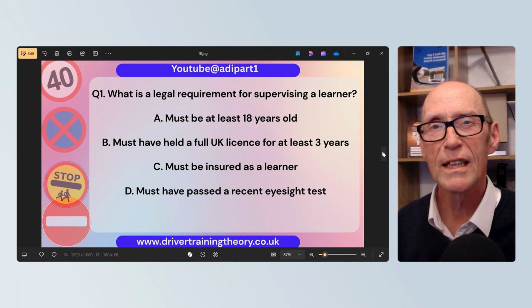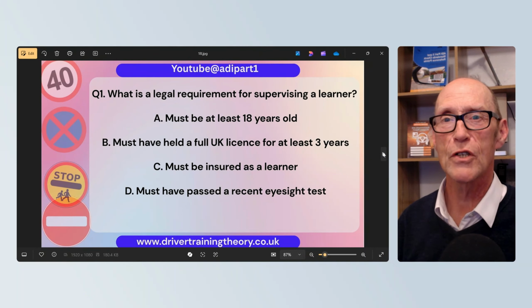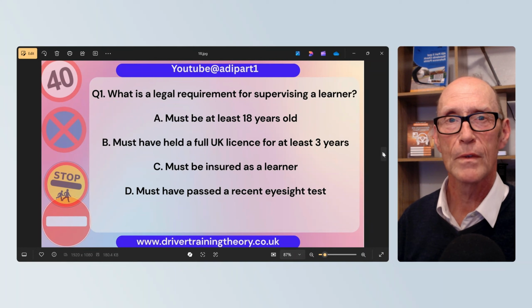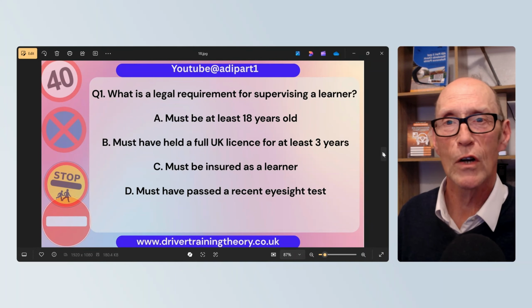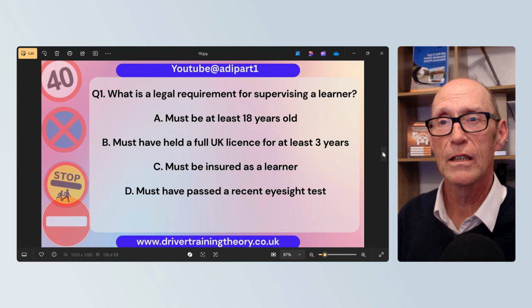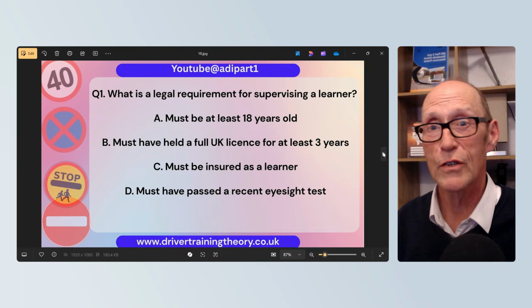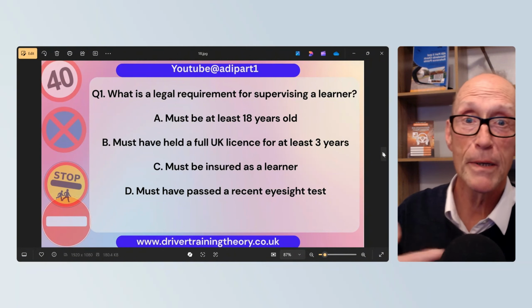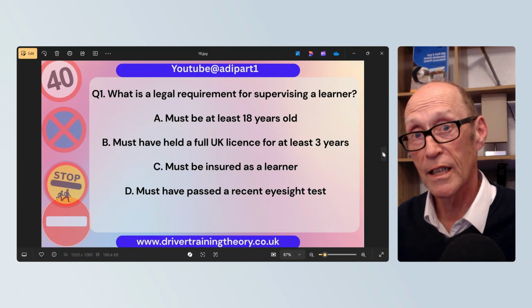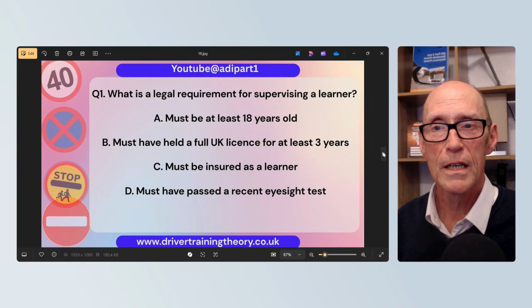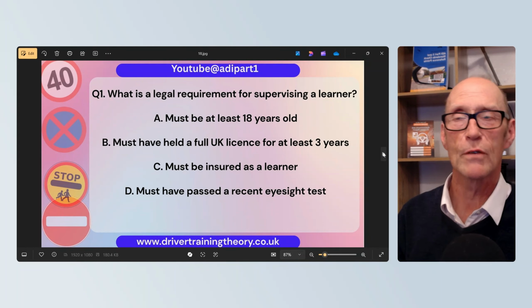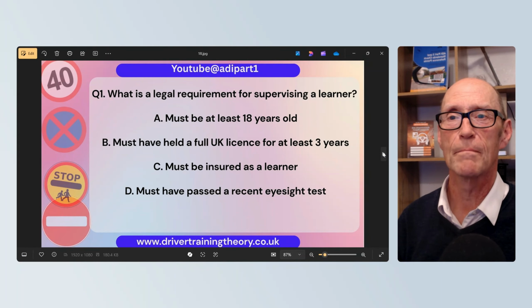So what's a legal requirement for supervising a learner? Should the supervising driver be at least 18? Should they have held a full UK licence for at least 3 years? Must they be insured as a learner? Is it that they must have passed the recent eyesight test?